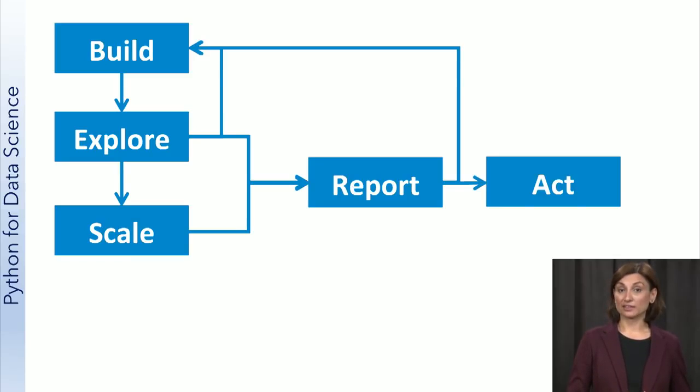Another way to look at this process is seeing all these steps with reporting needs in different forms, or drawing all these activities as an iterating process, including build, explore, and scale for big data as steps.